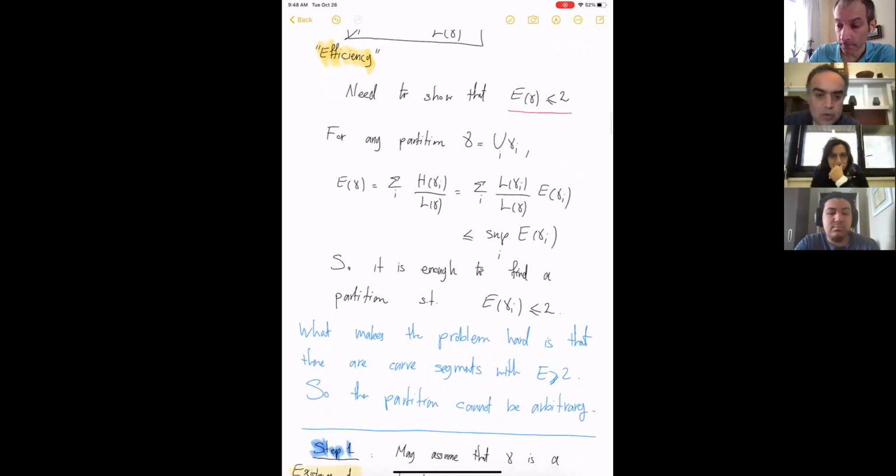Now, what makes the problem hard is that there are curve segments with efficiency bigger than or equal to 2. So the partition cannot be arbitrary.